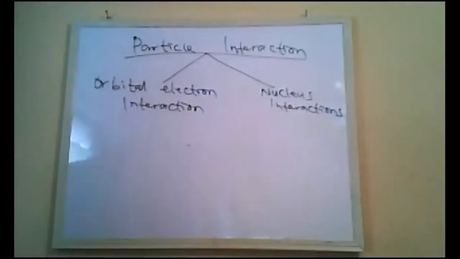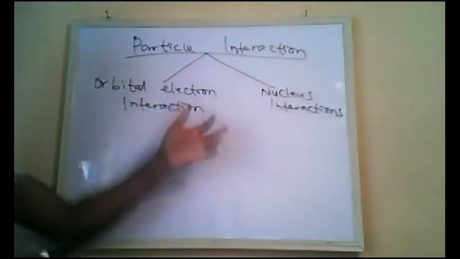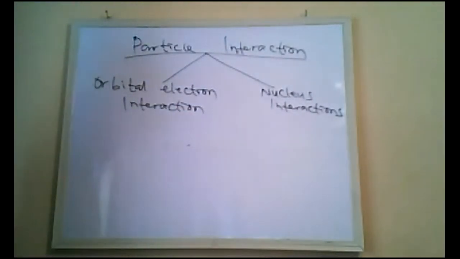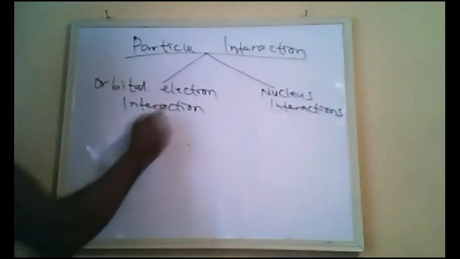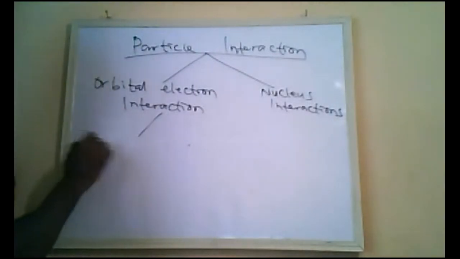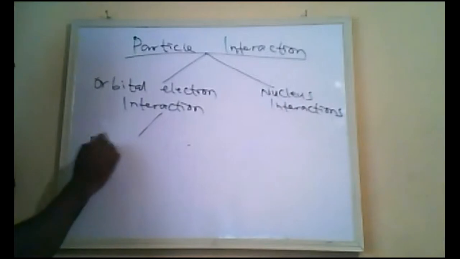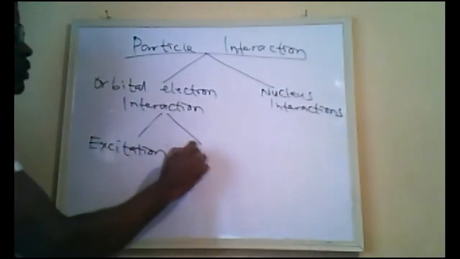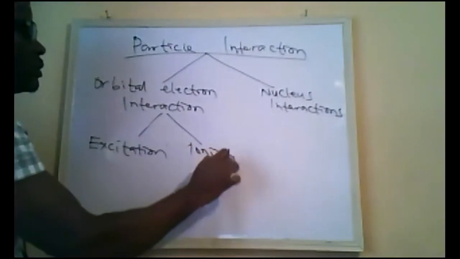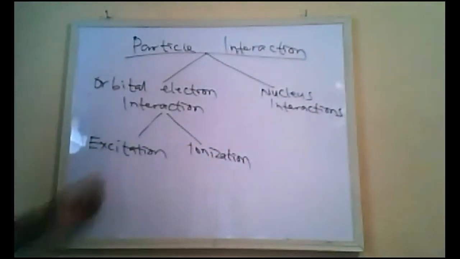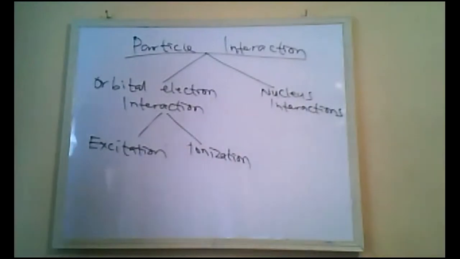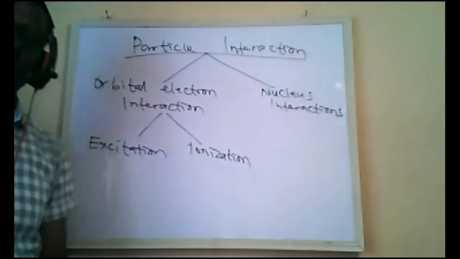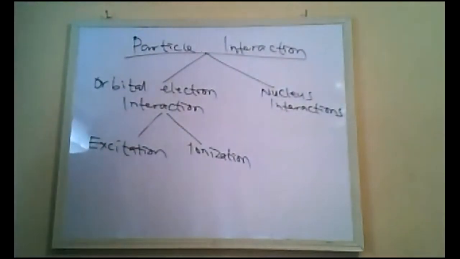When a particle interacts with the electrons in the orbit, it could lead either to excitation or ionization. For excitation, something is excited, just from the name.